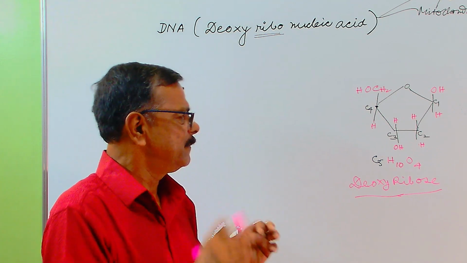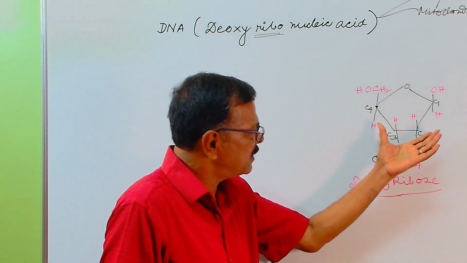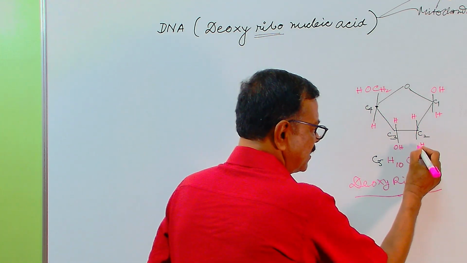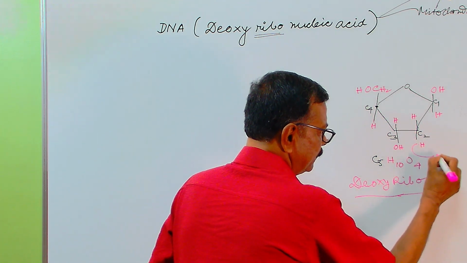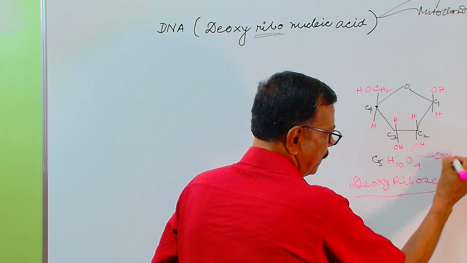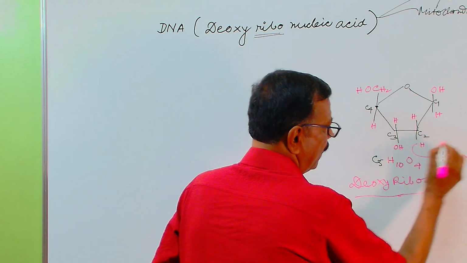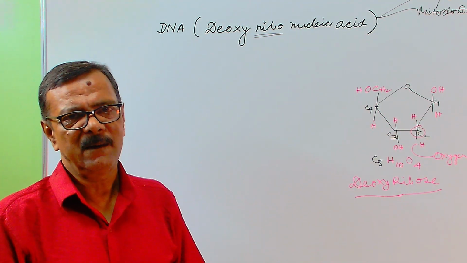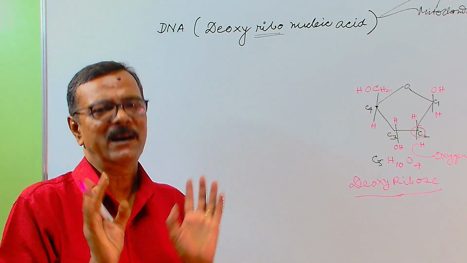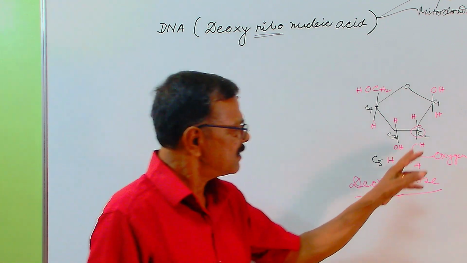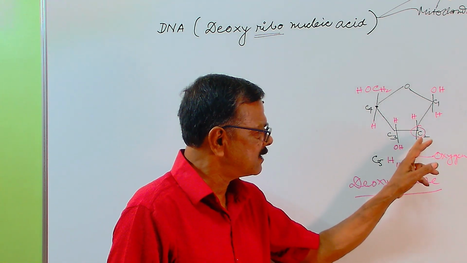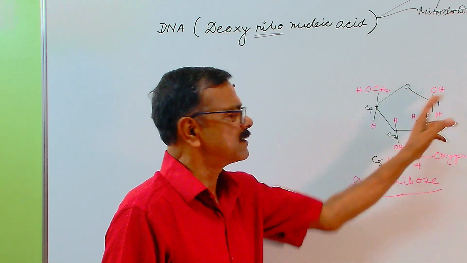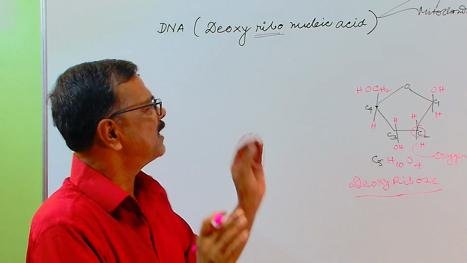But if you write that in the deoxyribose sugar, one oxygen atom of the C2 carbon is missing, you will get full marks. Because it is from the second carbon position that the oxygen is missing. So this is the difference.